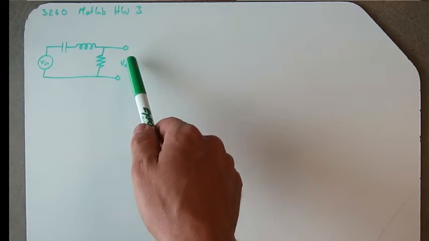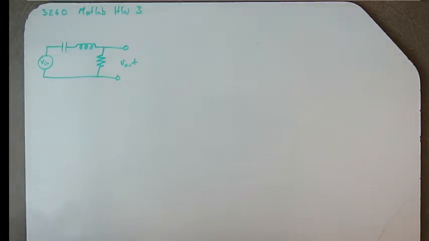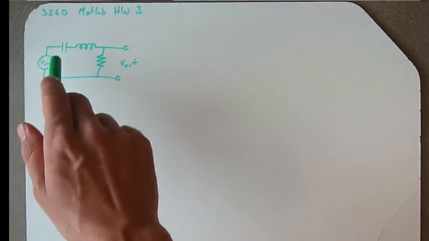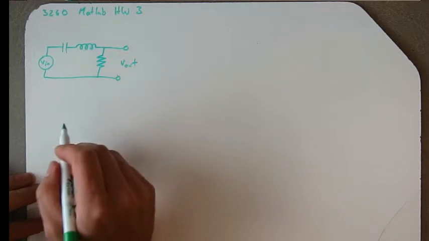The ratio of the voltage across this resistor to the voltage in is the same as the ratio of the impedance of the resistor to the impedance of the capacitor plus the inductor plus the resistor, the total impedance. It's pretty simple. Alright, so let's just get it going real quick.